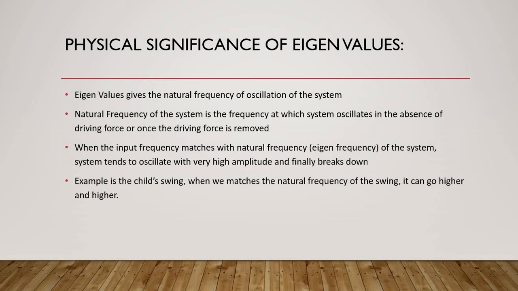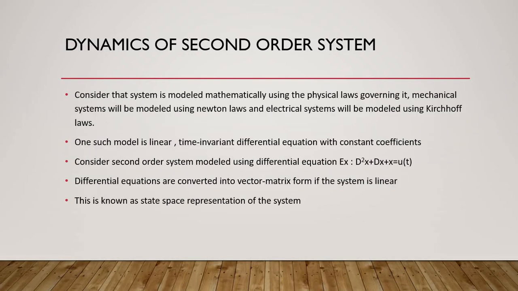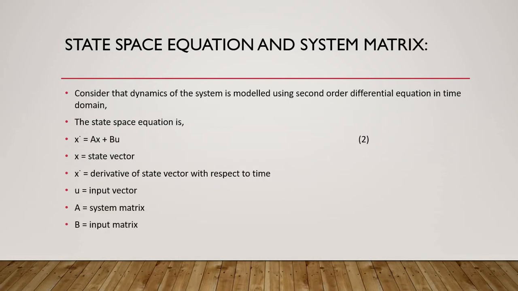Now, we can talk about a second order system, a third order system, or an nth order system, and how we solve an nth order system is as follows. We would be talking about the state space approach of solving equations.